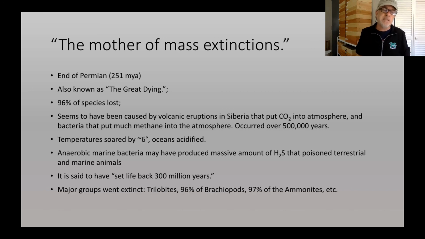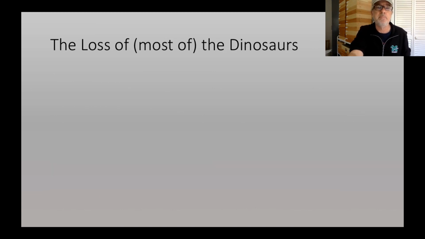The major groups that went extinct during this were the trilobites, 96% of the brachiopods, 97% of the ammonites, and several other groups. If you don't know what a trilobite, a brachiopod, or an ammonite is, you might want to go to the Google.